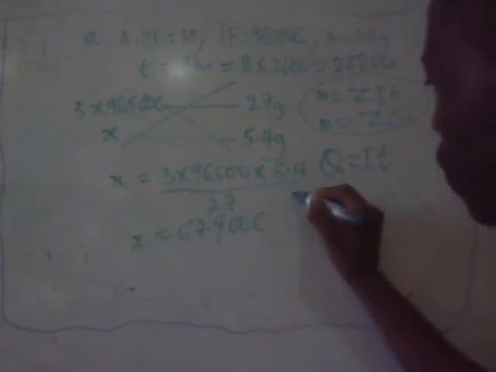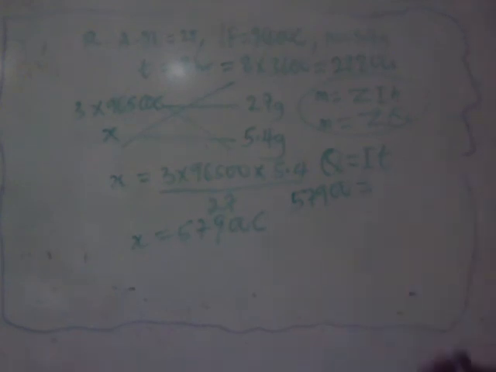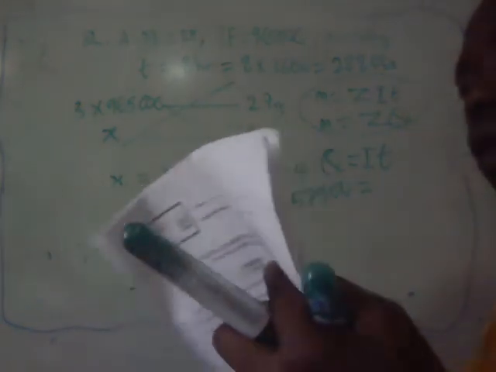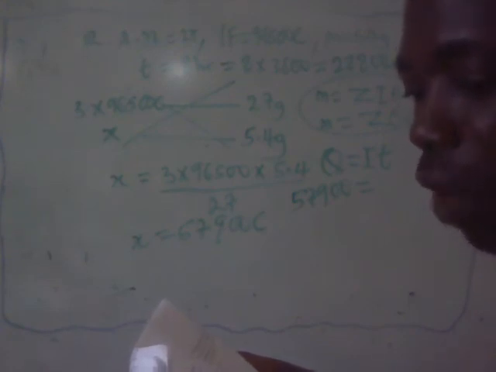Substituting 57,900, the second question says, what quantity of current in amperes will deposit 5.4 grams of aluminium in 8 hours during electrolysis?